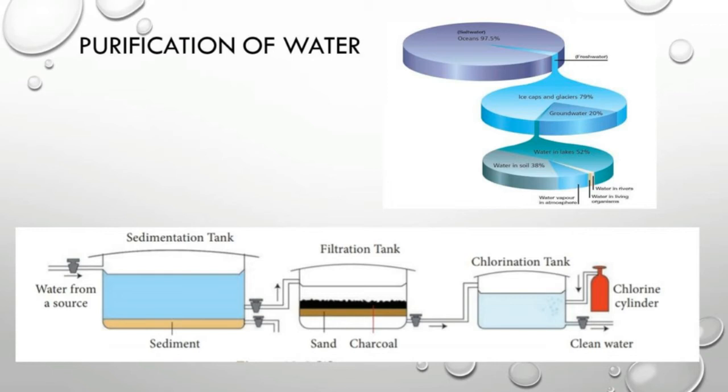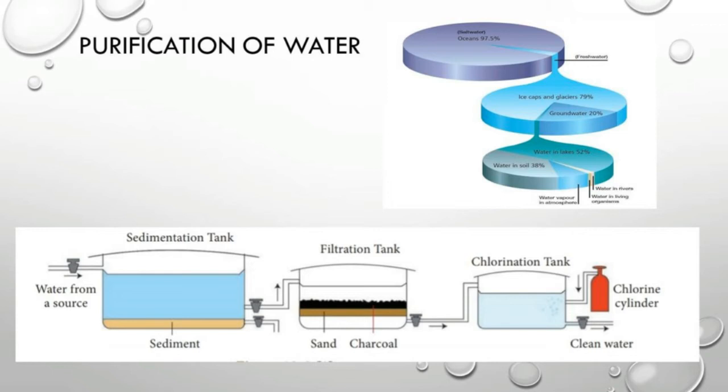It also contains microorganisms such as bacteria. If this water is consumed without purifying, it can cause waterborne diseases such as typhoid and cholera. Therefore, water should be treated and purified before it reaches our home.